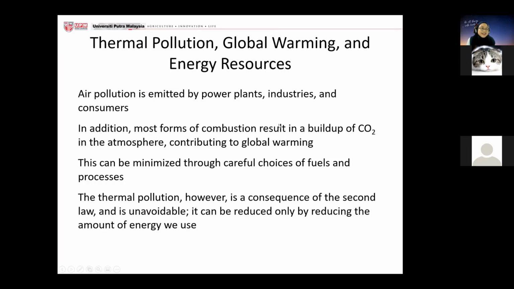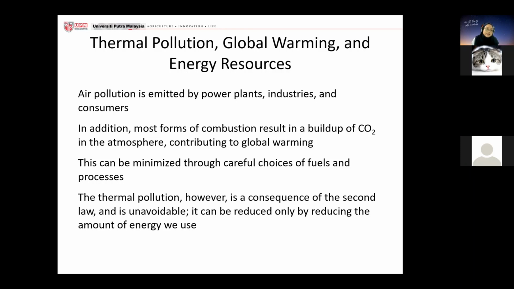Okay, so reflect on that a bit, right? So it's not going to be something impossible. For example, we are talking about global warming, climate change, and the power industry.